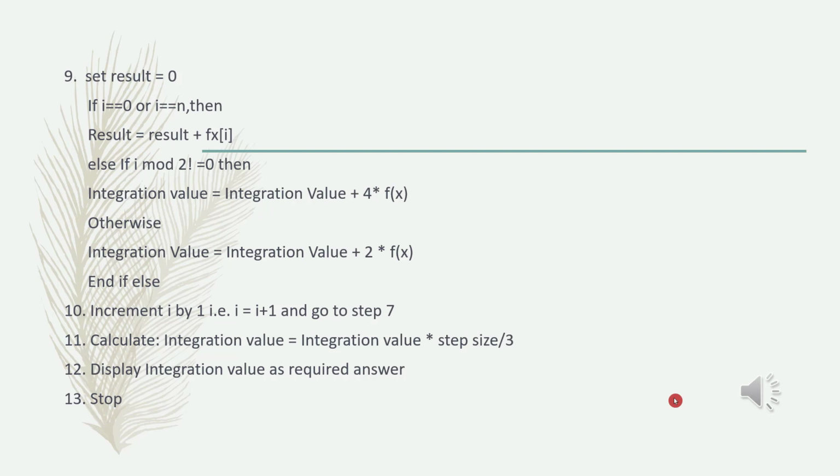If i is equal to 0 or i is equal to n, then result is equal to result plus f of xi. Else, if i mod 2 not equal to 0, that is when the number is odd, then integration value is equal to integration value plus 4 into f of x. Otherwise, integration value is equal to integration value plus 2 into f of x.